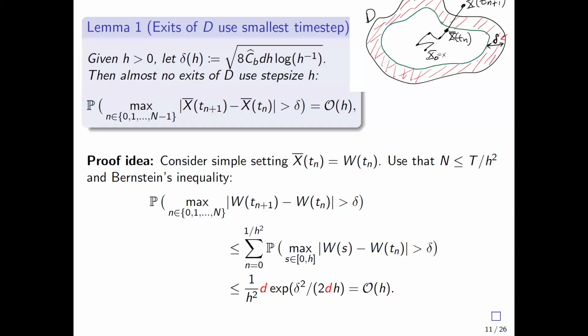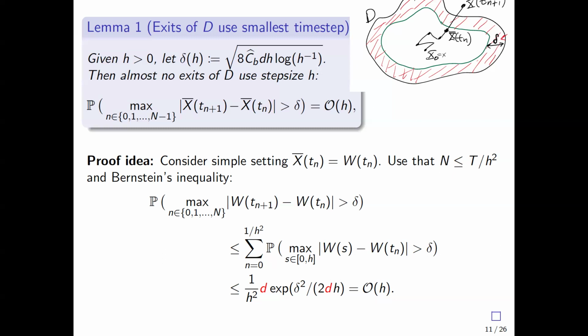So the first thing to note is that my numerical scheme is not going to use more than this many time steps. If I always use the finest time step, I would use this many time steps. Okay, so now I want to ensure that none of my time steps are longer than the width of the critical region. If I ensure that, then of course I'm excluding this kind of exit property.